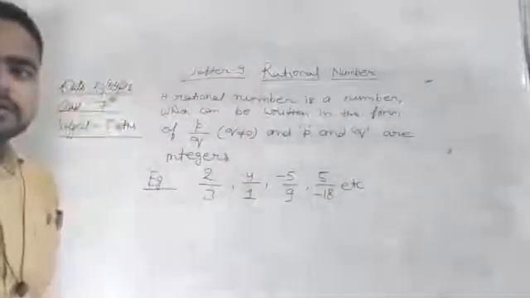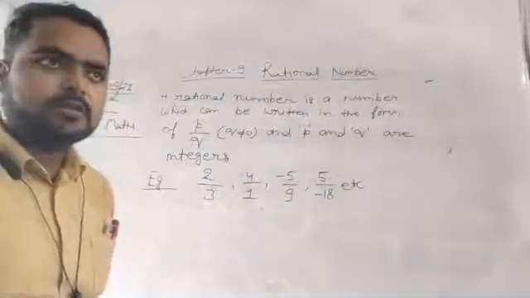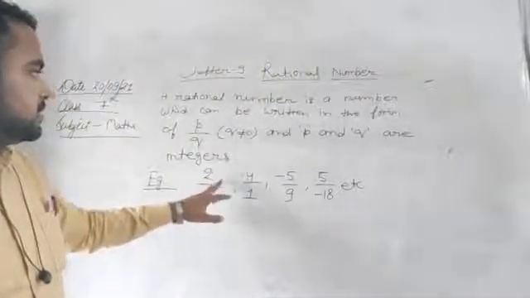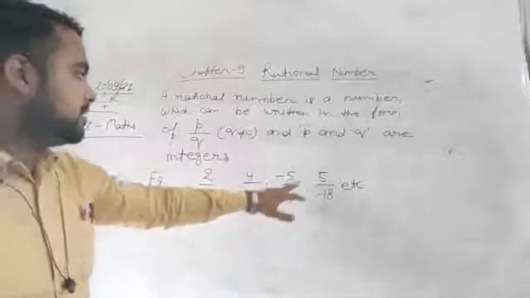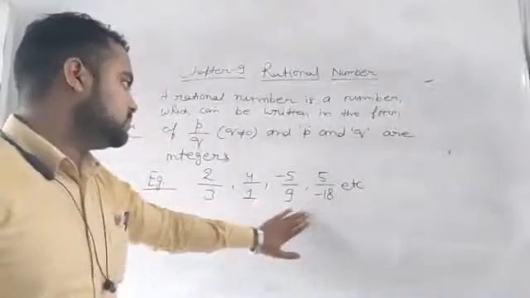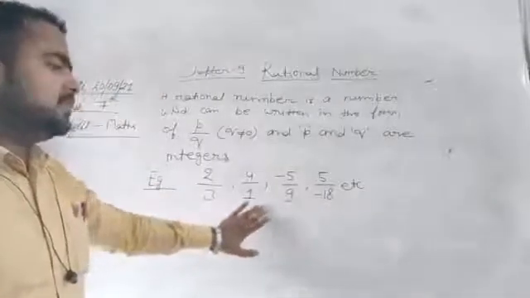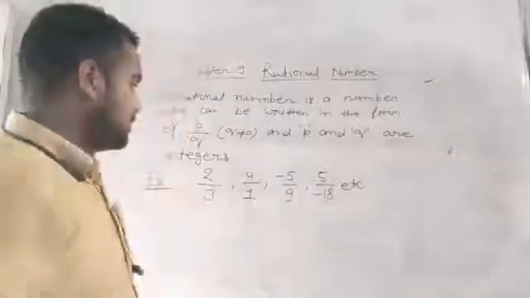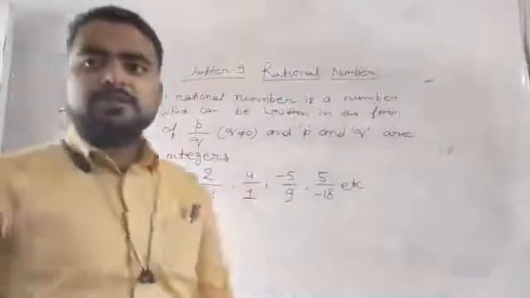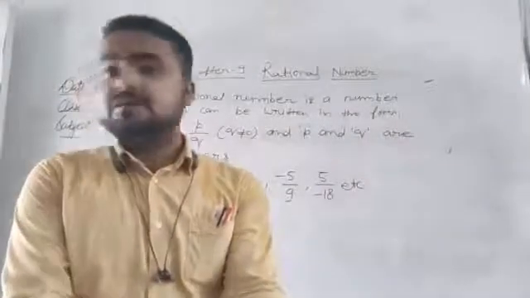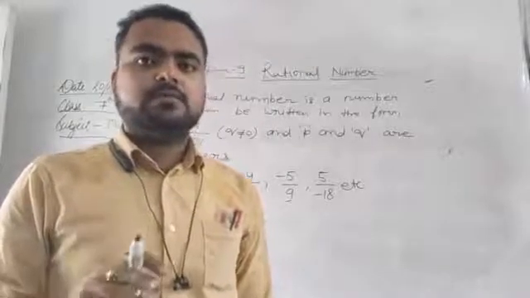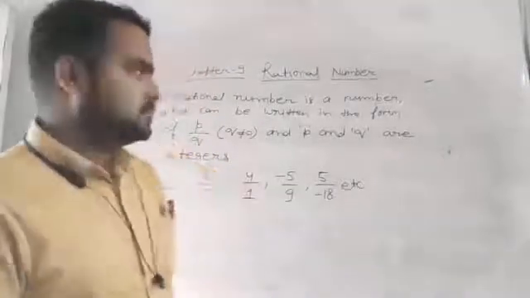So here a thought will come to your mind: you find that these are rational numbers, and they also look like fractions. Okay, so yes, every fractional number is a rational number, but not the other way around.